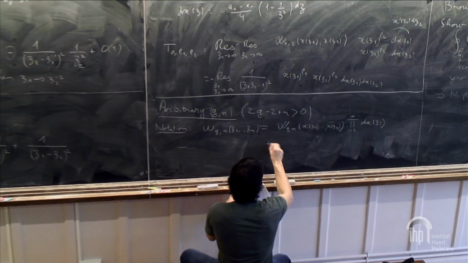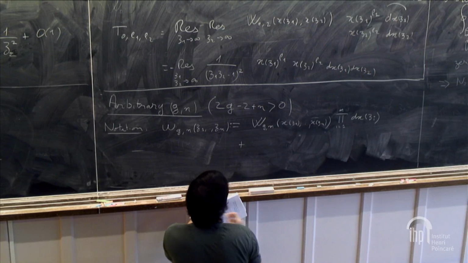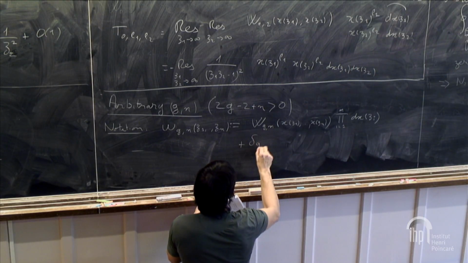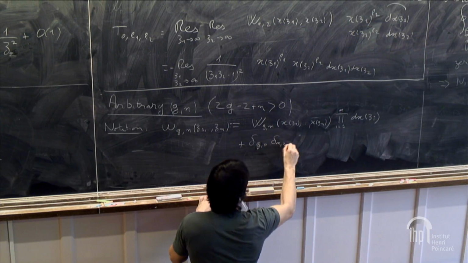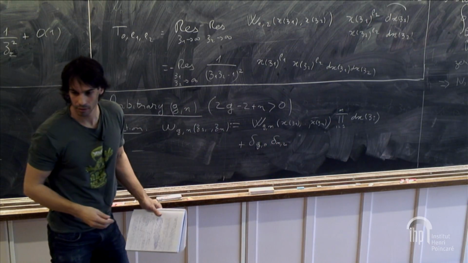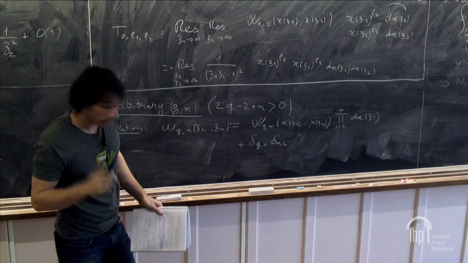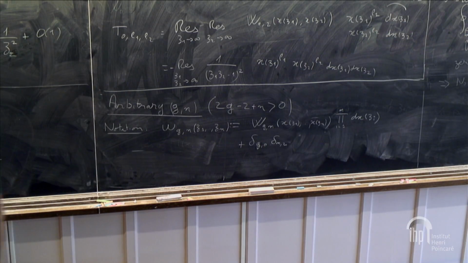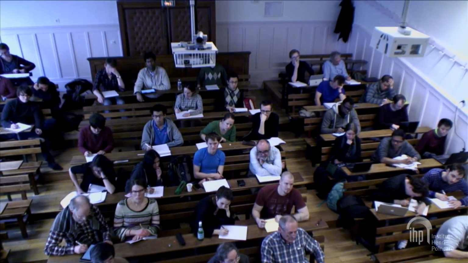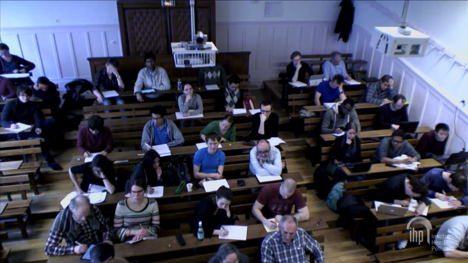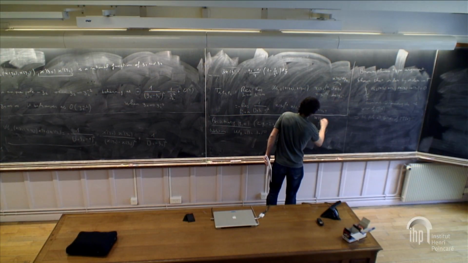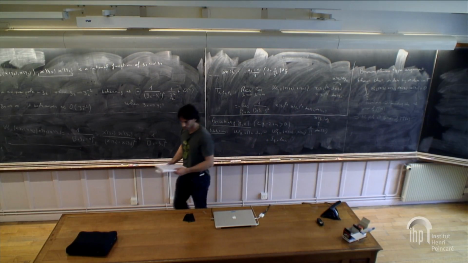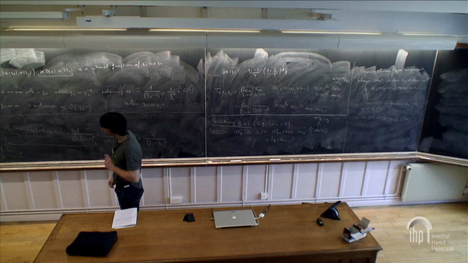And in addition, for the specific cases I did study before, I make a shift for g equals 0, n equals 2. So for example, what did I study here? I studied the function times x prime, and this x prime is x prime of zi dzi.